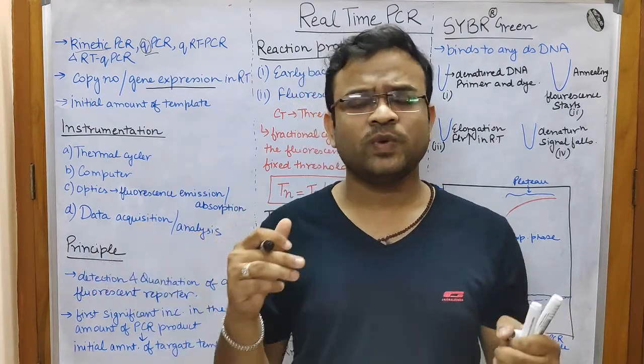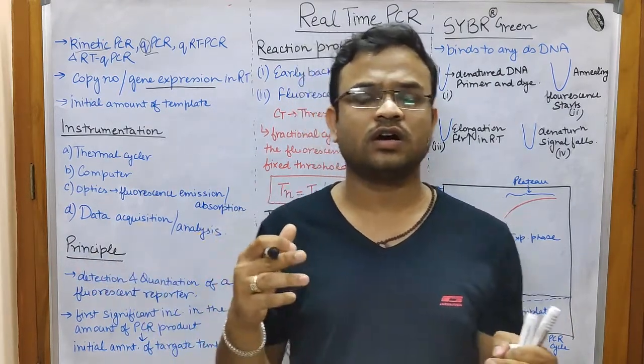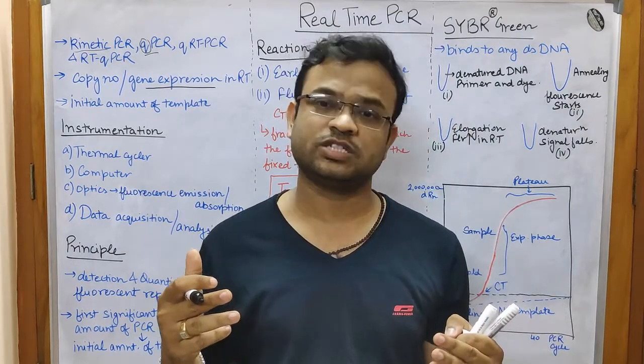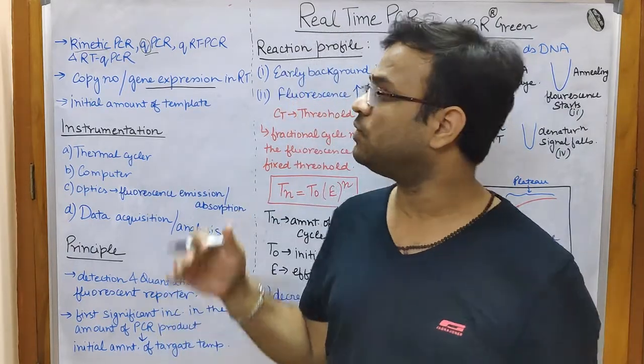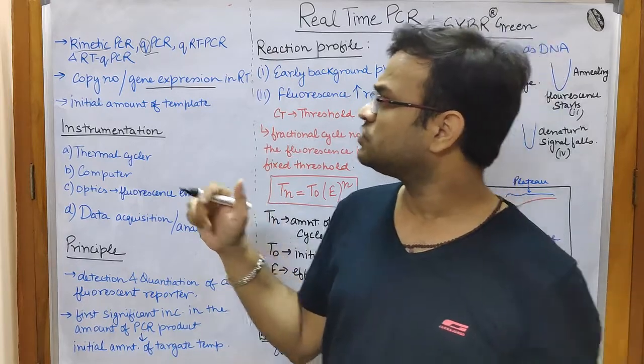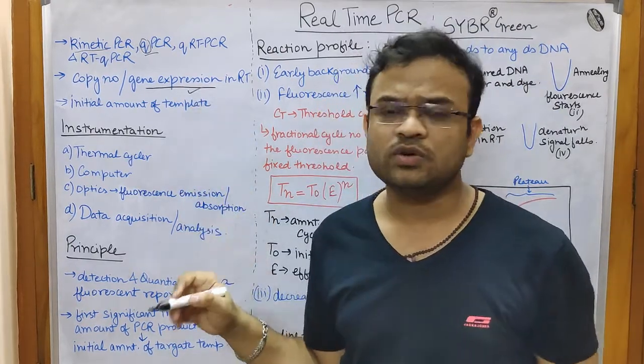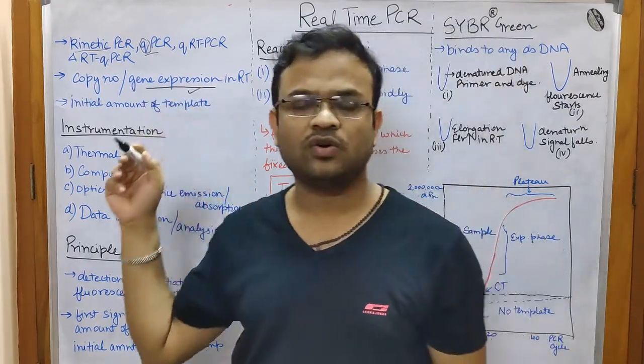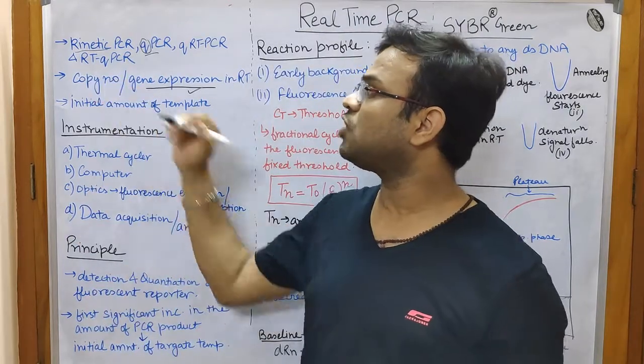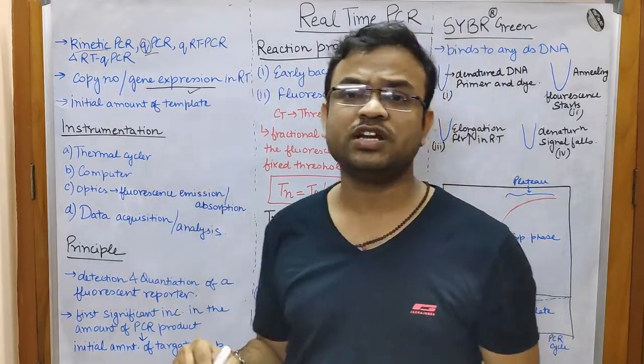So we want to know how much a gene is being expressed, and we do that with the help of real-time PCR. So it would be clear to you now that we aim at determining the copy number or gene expression in real time.